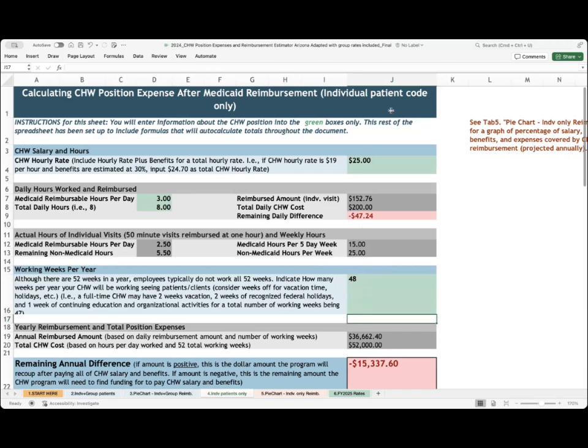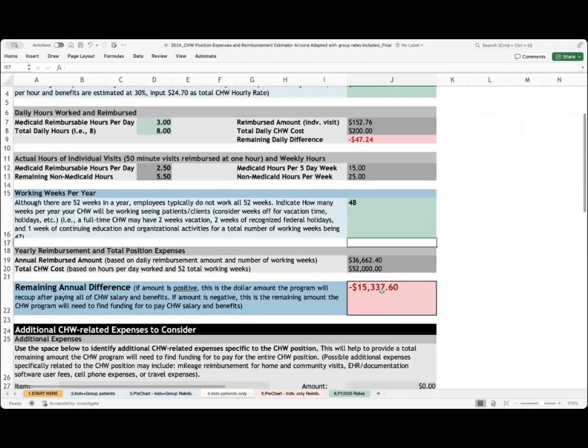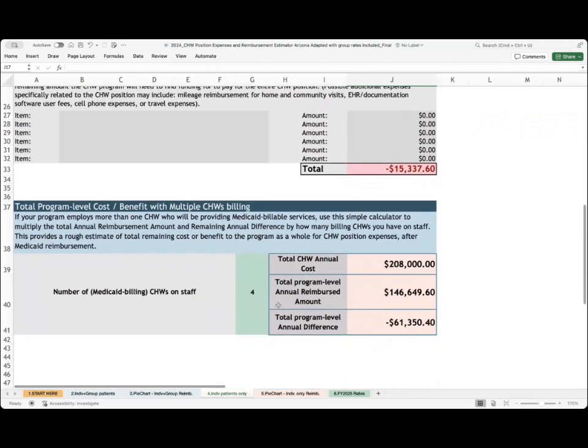And so just a few green boxes to fill in on this one, and you have your total difference and your total reimbursed amount. It also has the ability to put in how many CHWs are on staff to see what this looks like for our entire program.